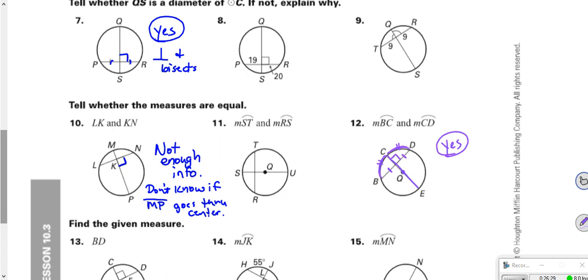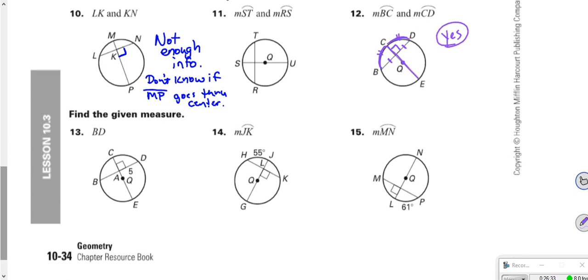Okay, all right, moving along. Find the given measure. Number 13, measure of BD. First of all, we know that this is a diameter because we can see that it goes through the center A. And we know it's perpendicular.